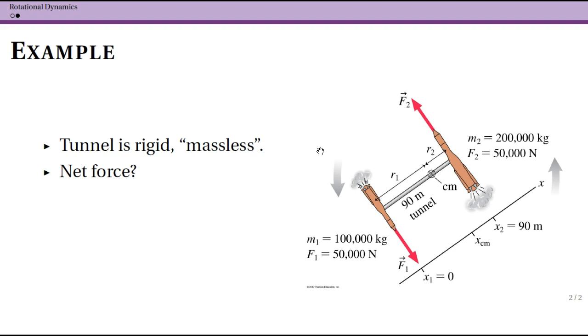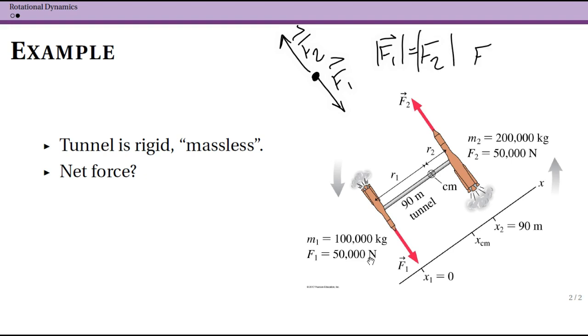One thing to ask is whether there's a net force. Note that F2 is 50,000 newtons, F1 is 50,000 newtons. If I chose to approximate the whole thing as a point particle, I would have F1, I would have F2. We see that F1 is equal in magnitude to F2, so in that case, Fnet is equal to 0.